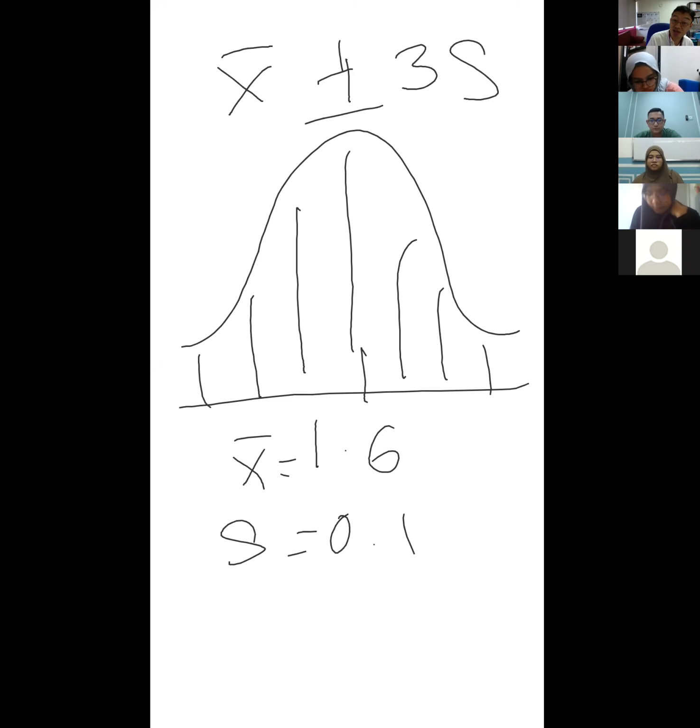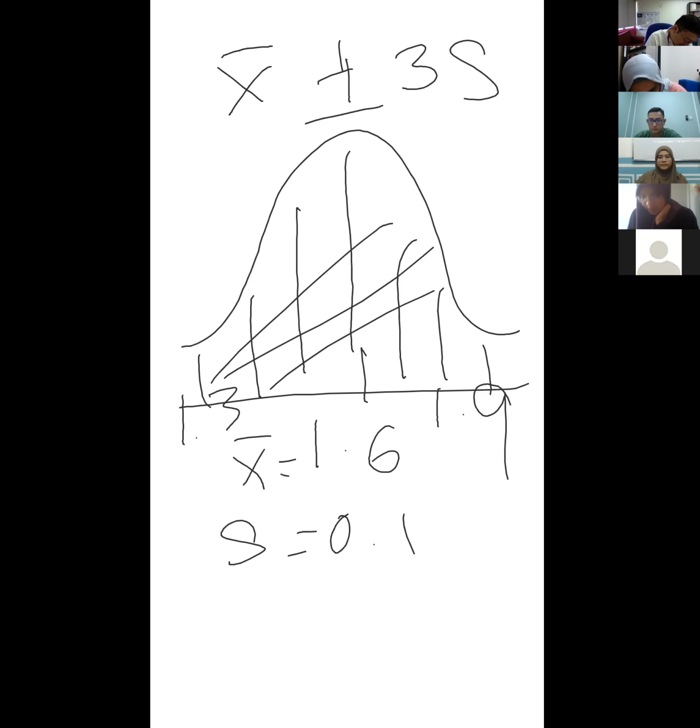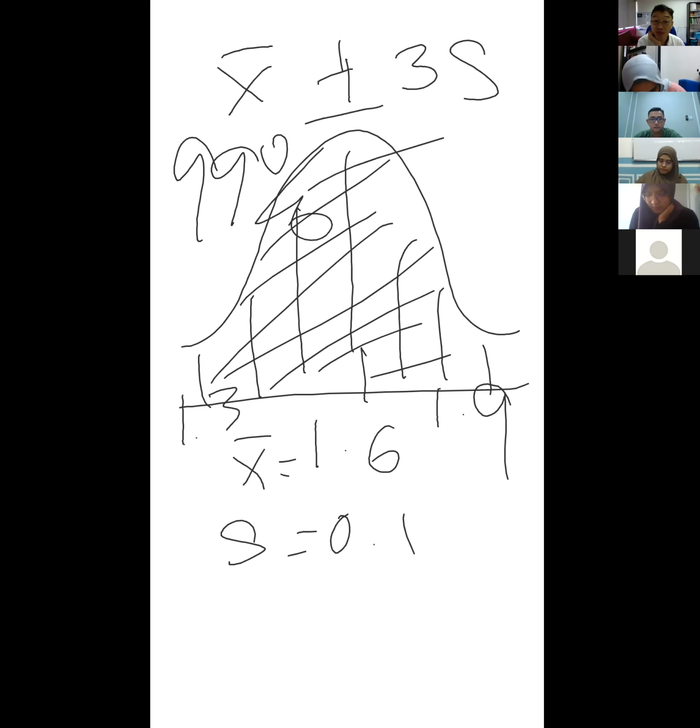Can you get it? 3 times 0.1 will be 0.3. Oh, okay. 1.6 minus 0.3, you get 1.3 here, and here plus 0.3 will get 1.9. So according to the empirical rule, this is 99%.